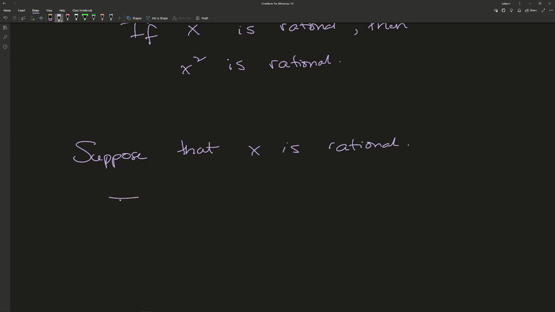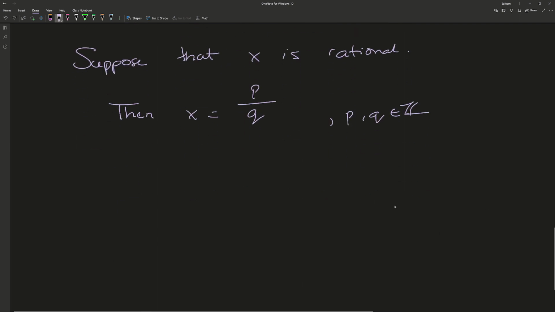If x is rational, then what is the form of x? Then x is equal to p upon q, for some integers p and q, and obviously q is not equal to 0.